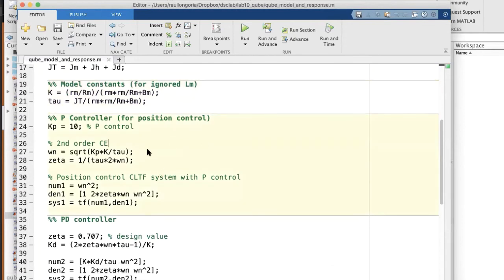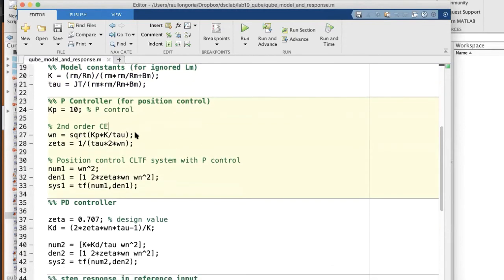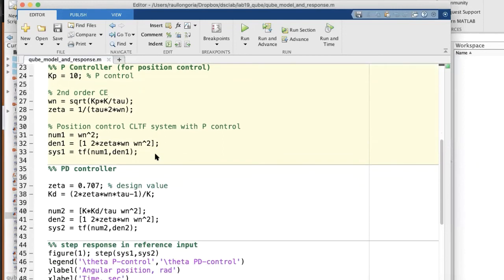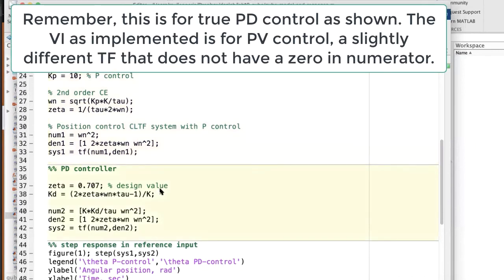Right? And here's the omega open loop, and then it just gets the open loop response. And this is the closed loop response for position control, and then here's for PD control, right?